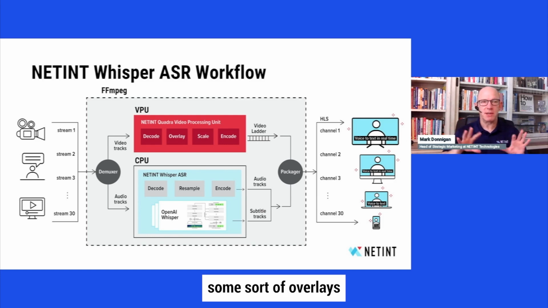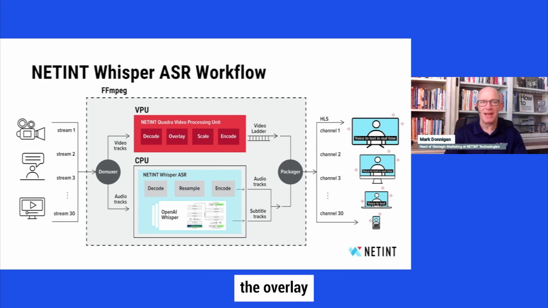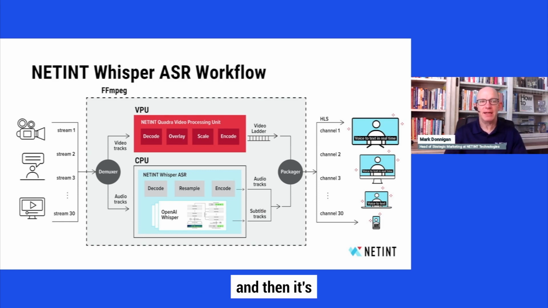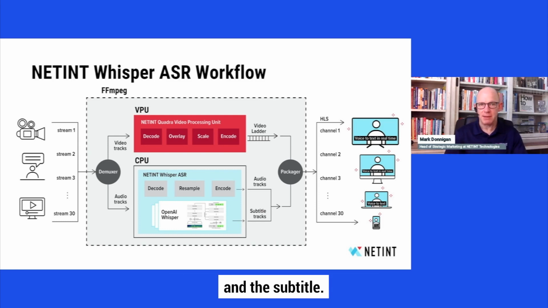So you want to do some sort of overlays on your video stream. And of course, it's also the overlay that is then inserting the subtitles. It's scaling, so it's creating all the ladder variants, and then it's encoding in H.264, HEVC, or AV1. And then it's going to the packager. Obviously, FFmpeg is able to handle that for us. We're combining the audio tracks and the subtitle, and there you go.